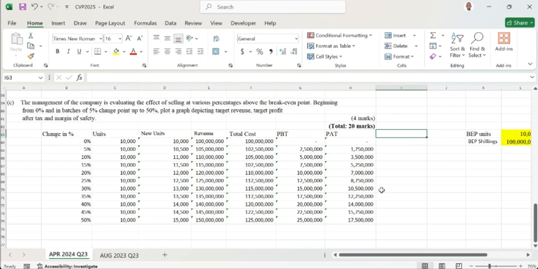Now, after that, there's something they're saying. Plot a graph depicting the target revenue, the target profit after tax, and the margin of safety. Just a simple question to Lynette. What have we not found for us to have a complete graph?